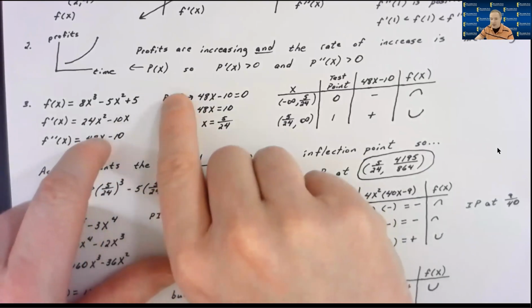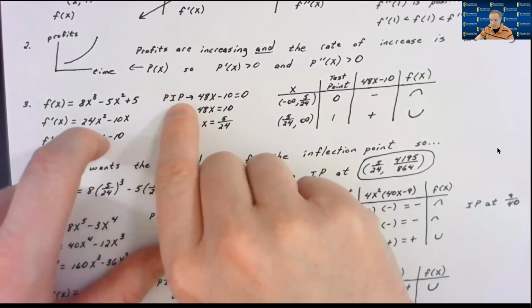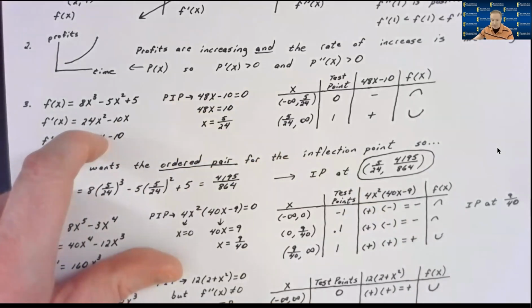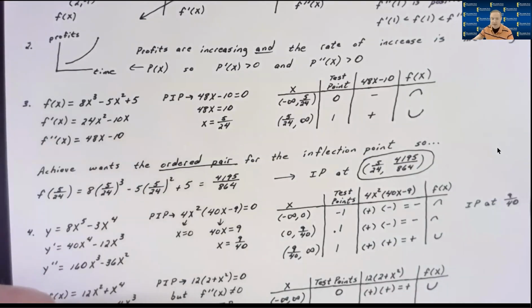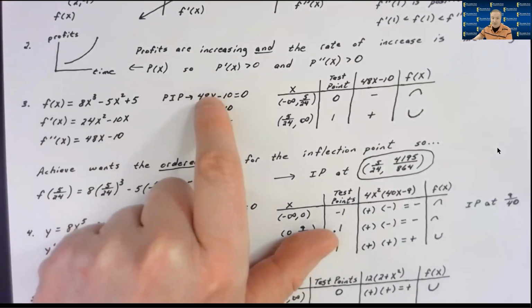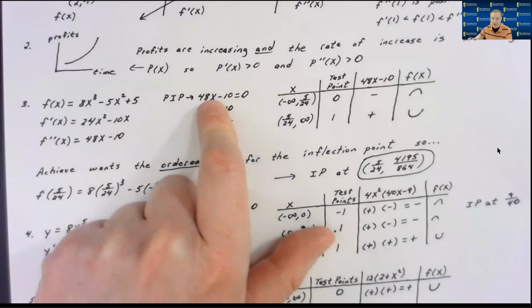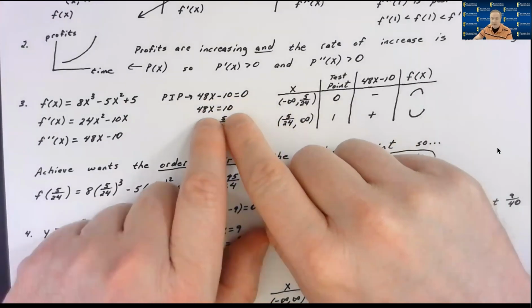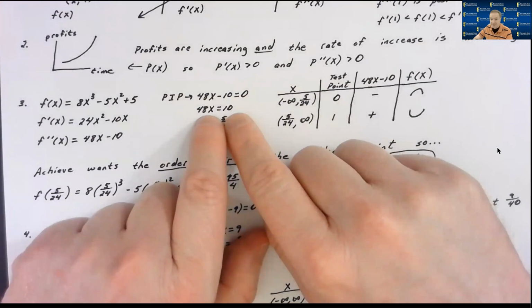Now, why do I call them PIP for possible inflection points? Because not every time your second derivative is equal to 0 are you going to have an inflection point. Most of the time you do, but not every time. So I have to say, well, the only way that an inflection point could occur is when the second derivative is equal to 0 in this problem. So I do that, and that's going to give me 48x is equal to 10.